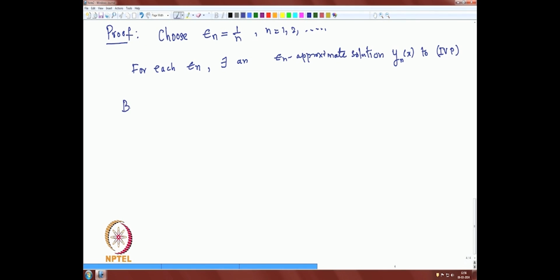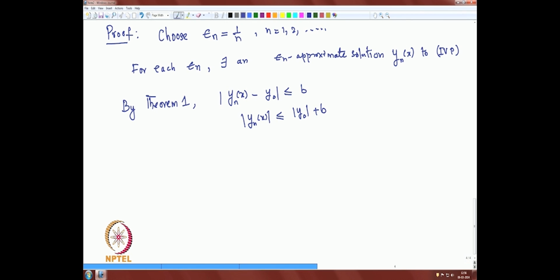Now, by the previous theorem 1, we have shown that the approximate solution yn(x) minus y0 is less than or equal to b, or yn(x) is bounded by y0 plus b.